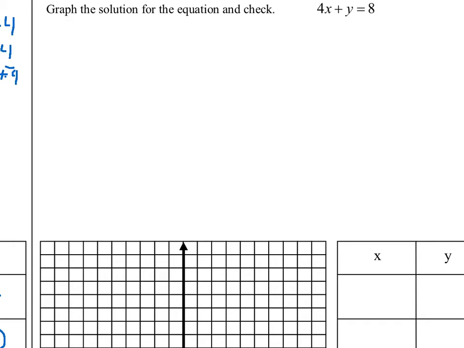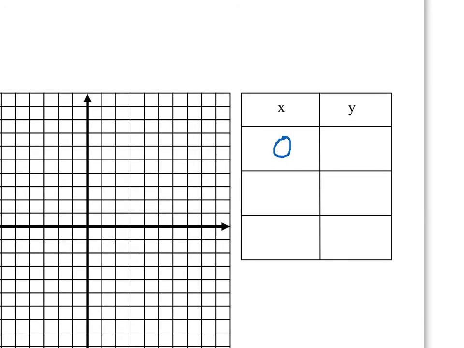Michael. 0 for x, what else? 1 for y. What else?